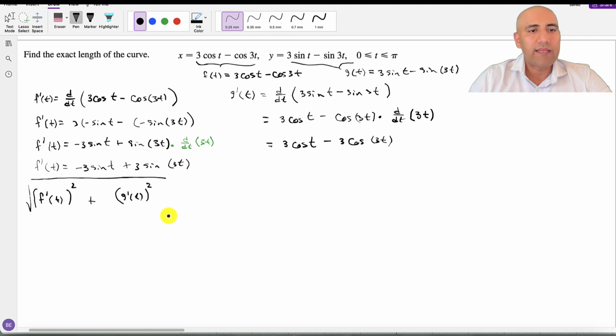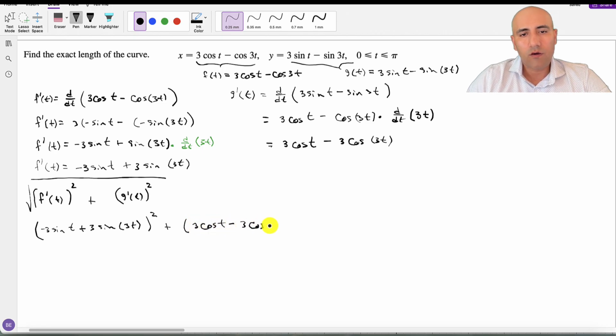And then that's what we want to integrate. So this is going to become negative 3 sine of t plus 3 sine of 3t, parentheses squared, plus 3 cosine of t minus 3 cosine of 3t, parentheses squared. And then again, the whole thing is rooted, so I'm just going to raise it to the power of 1/2.